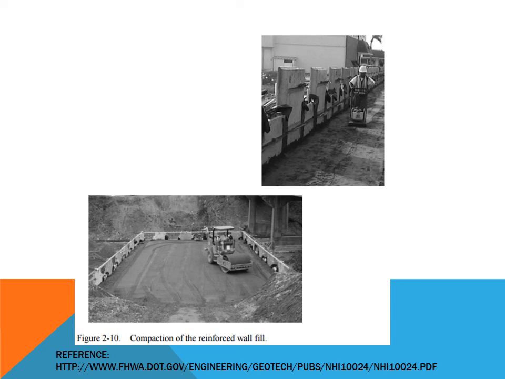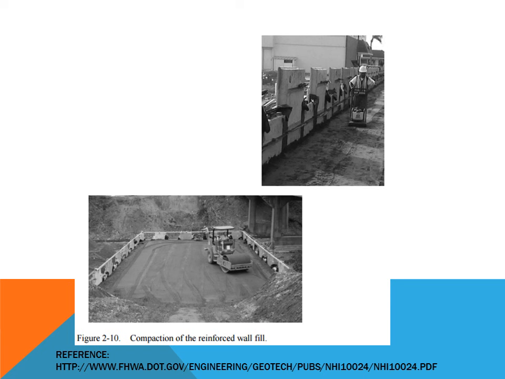So as compared to other types of retaining wall such as the concrete wall, the site preparation and the concrete pouring will involve a lot of workmen force and also machinery when you are doing the concreting for the reinforced concrete wall.